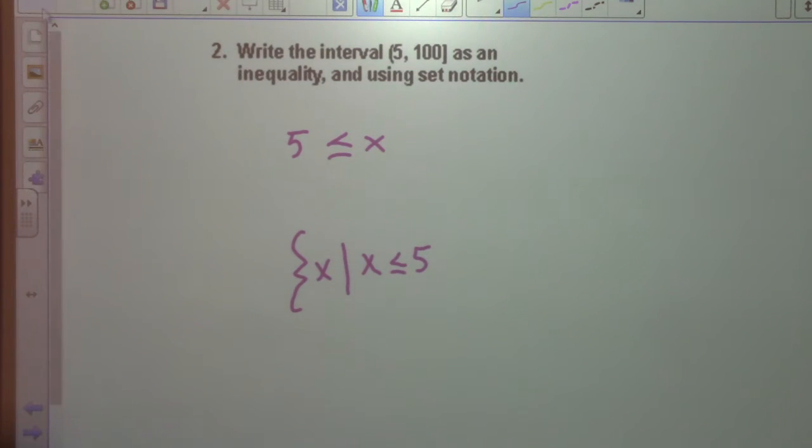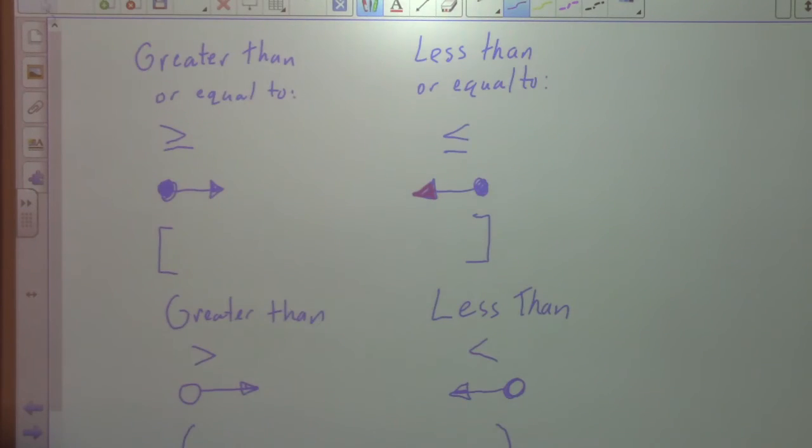Well, let's take a look at our guide here. What we have is parentheses, right? And then 100 bracket. So this parentheses is equivalent to what?